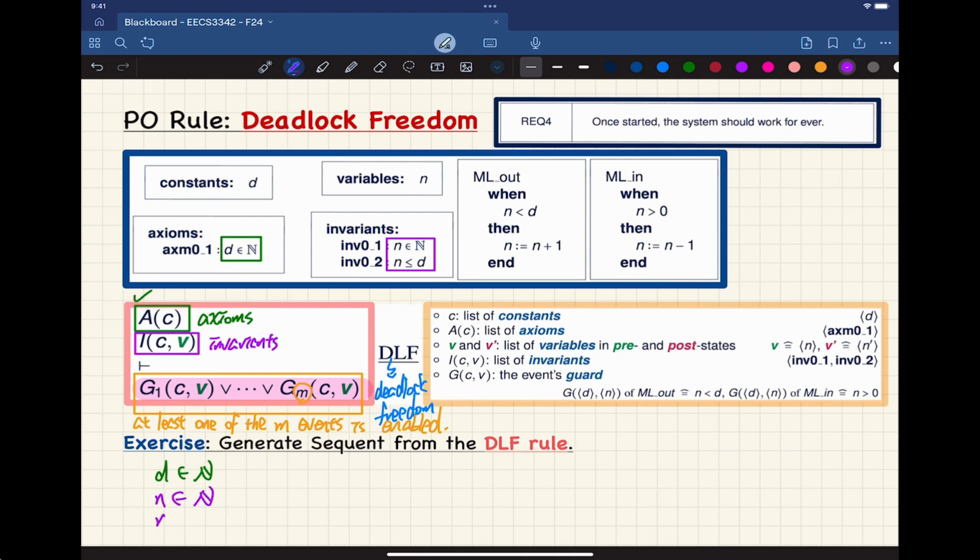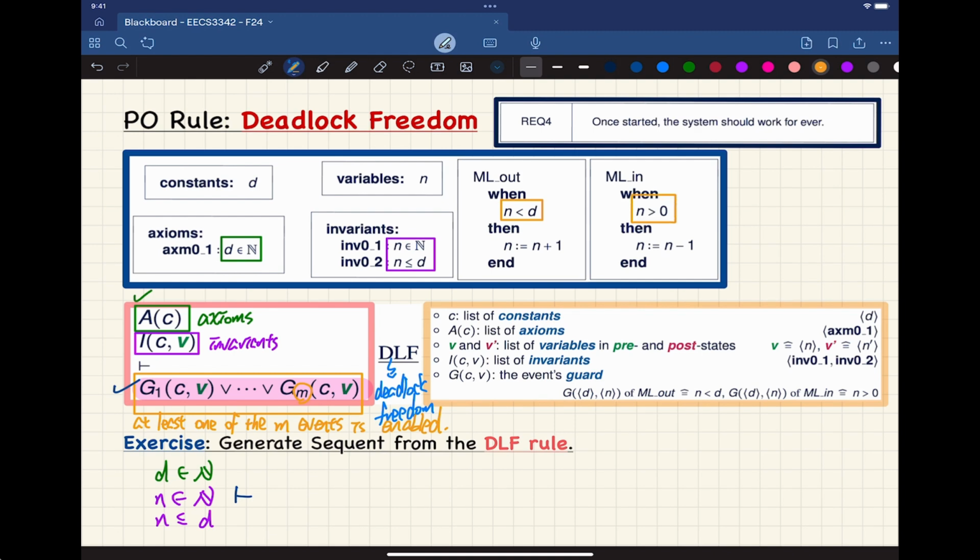And also N less than or equal to D. All right. And then we got turnstile. And what about this part here? It's going to be the disjunction of all the event guards. One event guard over here, this is the second event guard.